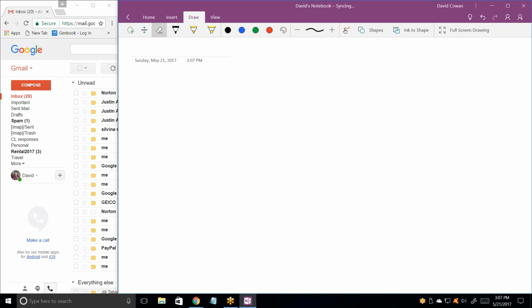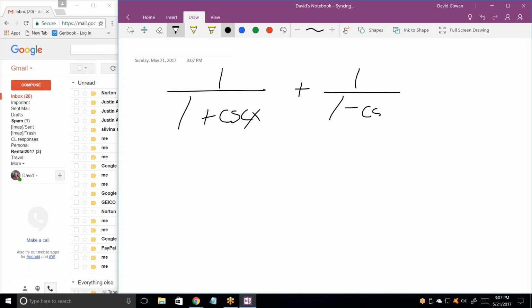Oh, yeah, that's true. The next one is 1 over 1 plus cosecant of x plus 1 over 1 minus cosecant of x. What do you suppose the first step would be? So maybe multiply each side by the conjugate. Don't even need to do that.